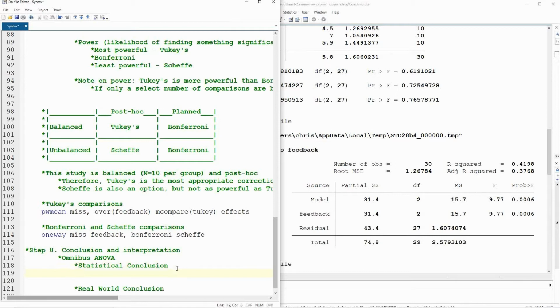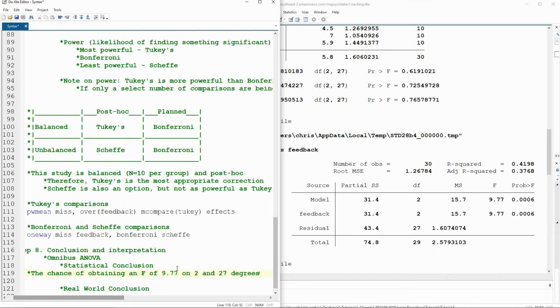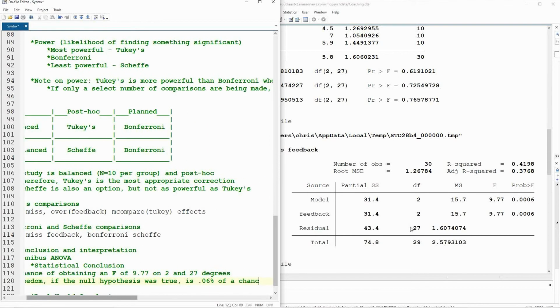So a statistical conclusion would be the chance of obtaining an F of 9.77 on 2 and 27 degrees of freedom, if the null hypothesis was true, is 0.06% of a chance.